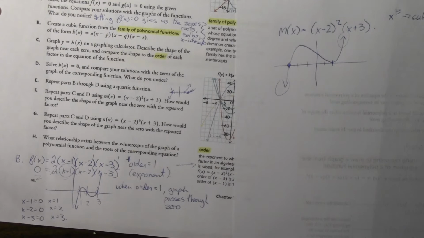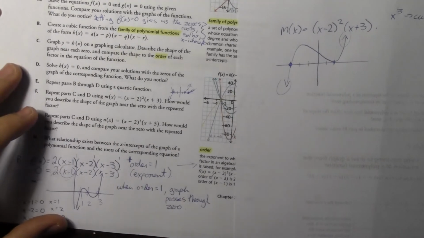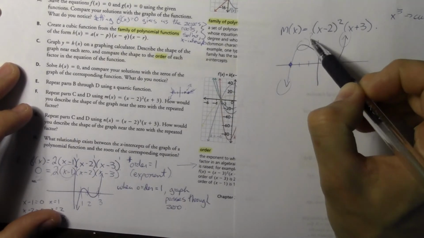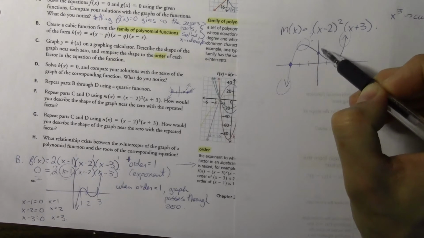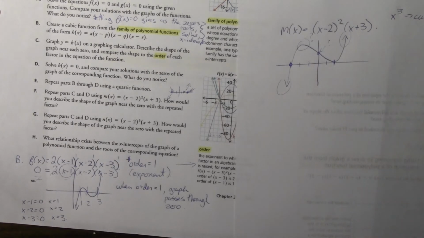So the other thing we really don't know is where the top of the curve is. We also could find this point here. How could we find this point? Expanding? No, we don't need to expand it. We could, but that'd be messy. X equals 0?